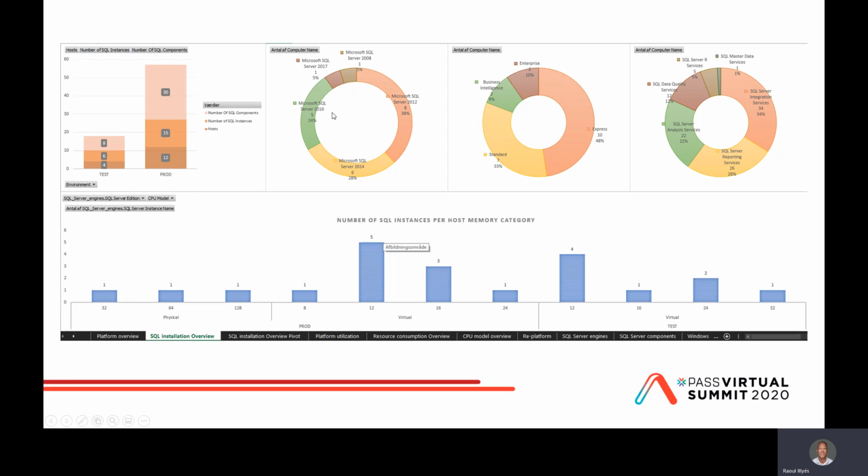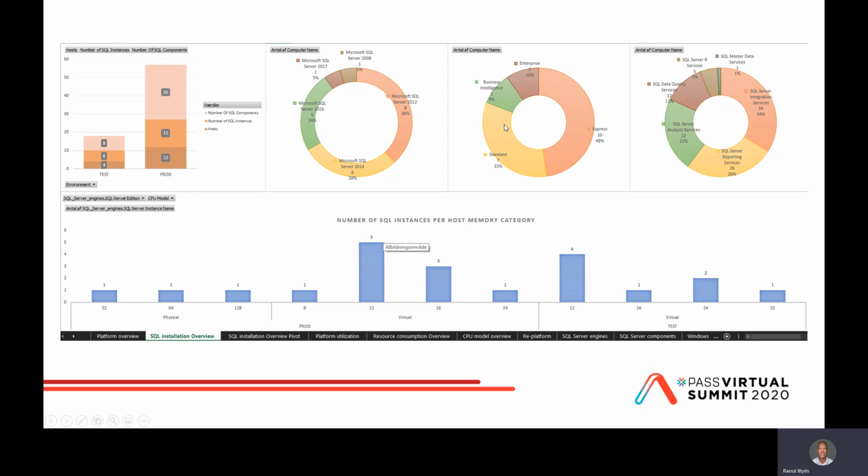You can also see here, I have a clear picture of what versions of SQL Server I have. And as I mentioned previously, there's an end of support for 2008. And in this circumstance, I actually have a single instance on 2008. So that is something that I must fix from a compliance perspective, right?